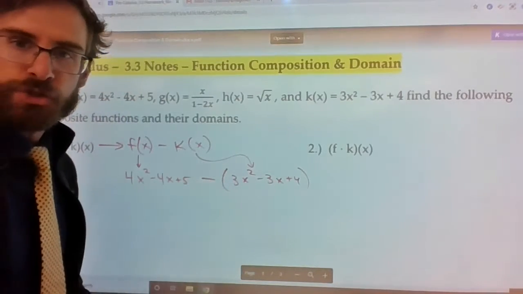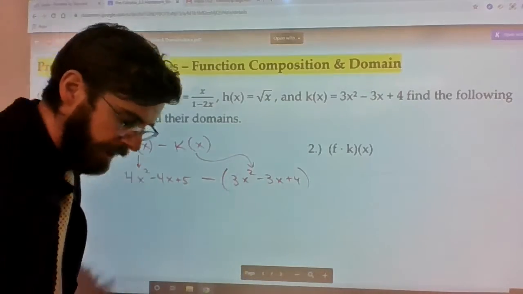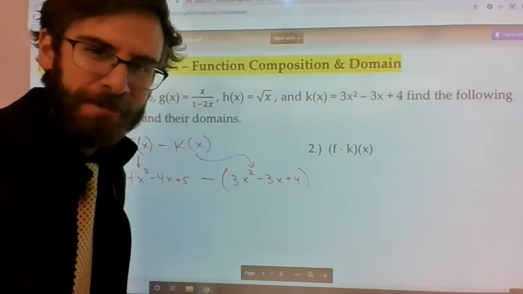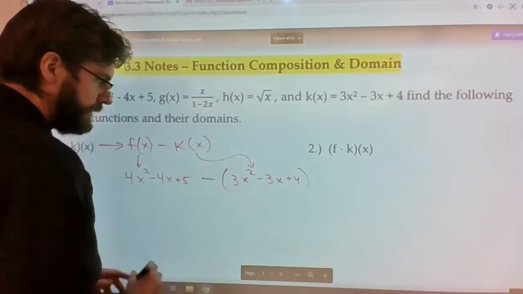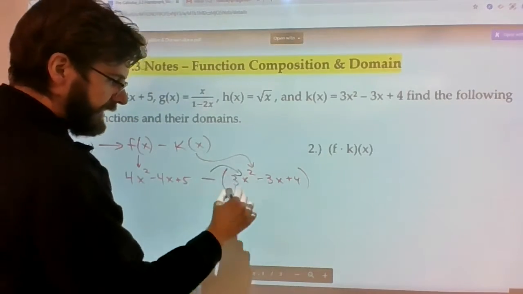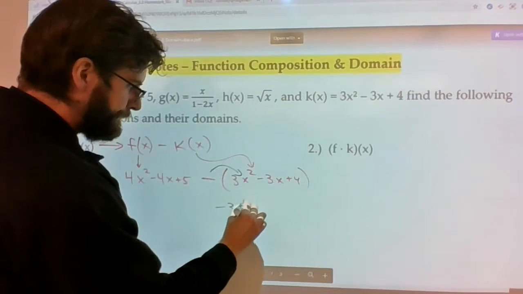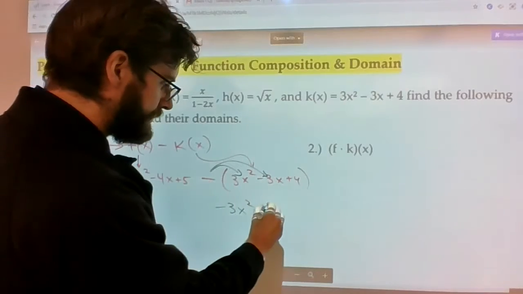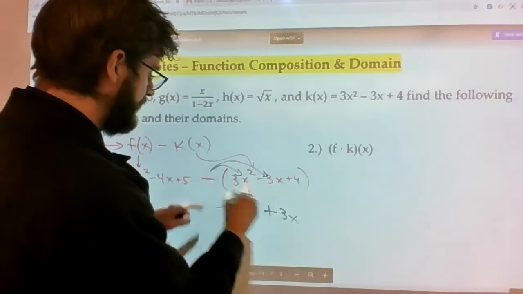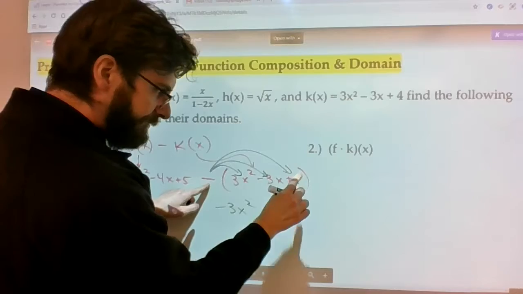That negative gets distributed to all parts of the second polynomial. So, this is going to be negative 3x squared. This is going to be negative 3x, so it becomes a positive. And this is going to be negative 4.